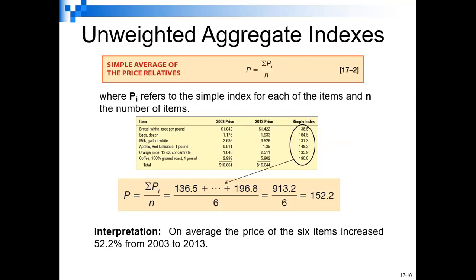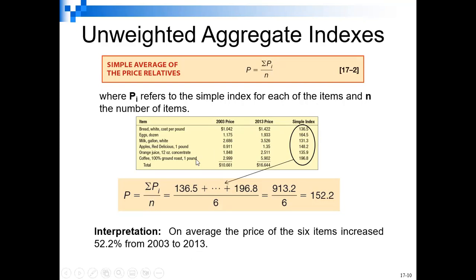We have bread, eggs, milk, apples, orange, and coffee. And so we ask ourselves, for you to consume this basket of goods, what would you spend between this year and the following year? What is the relative price between one year and another?